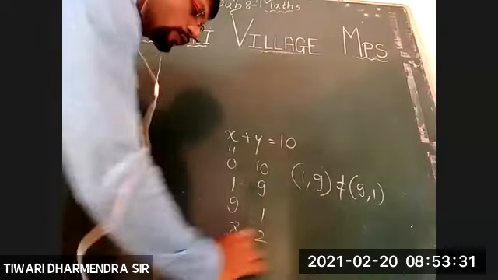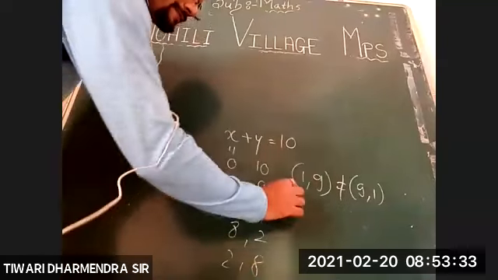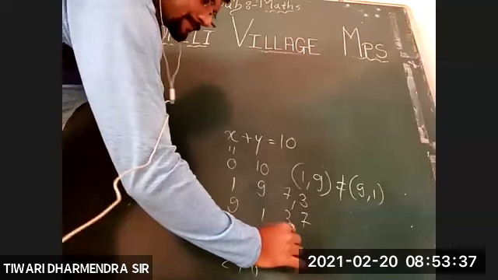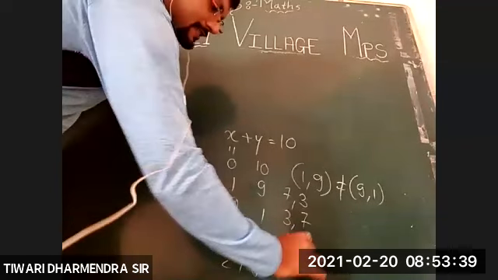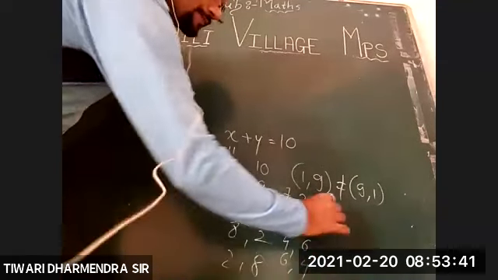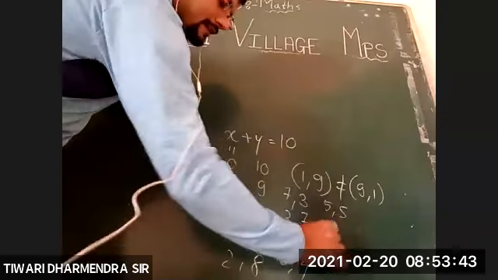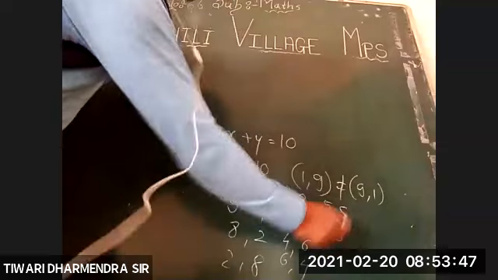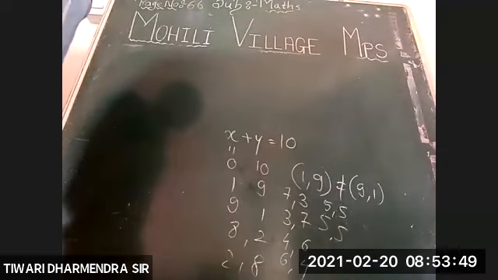Similarly, 8, 2, 2, 8, 7, 3, 3, 7, 4, 6, 6, 4, 5, 5, and so on. Again, if you write 5, 5, that is the same as 5, 5.